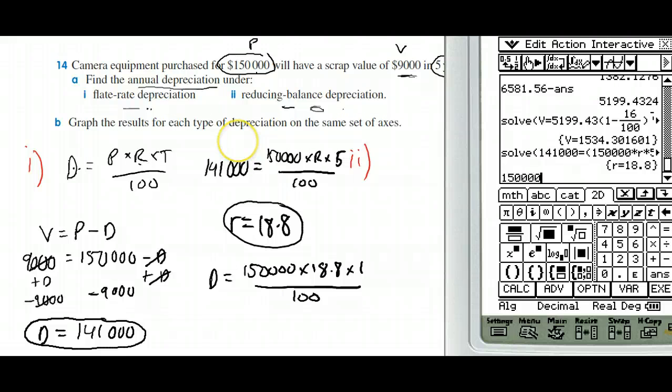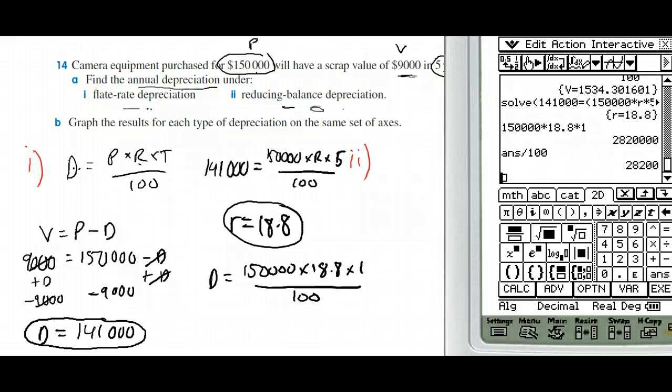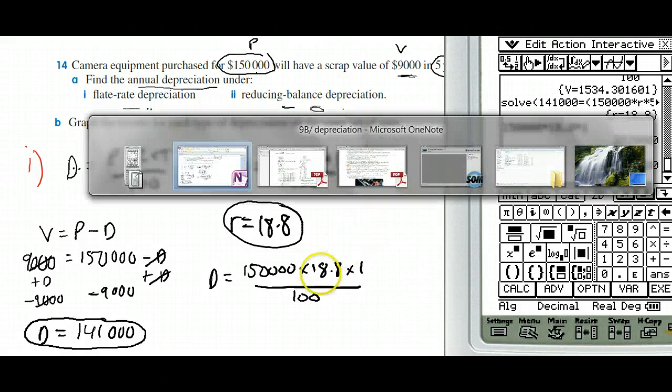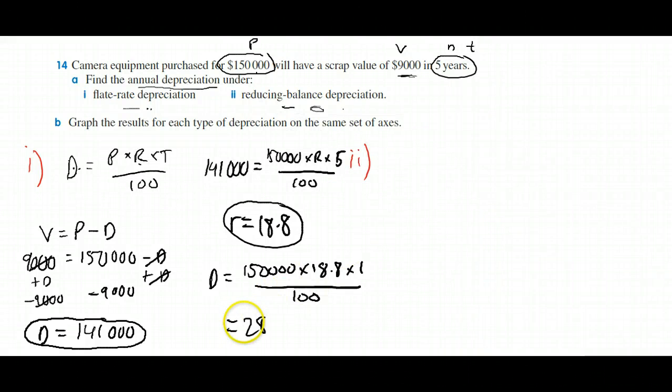So we've got 150,000 times 18.8 times 1 for the heck of it, and divide it all by 100, 28,200. So for flat rate depreciation, that's how much depreciation occurs every year.